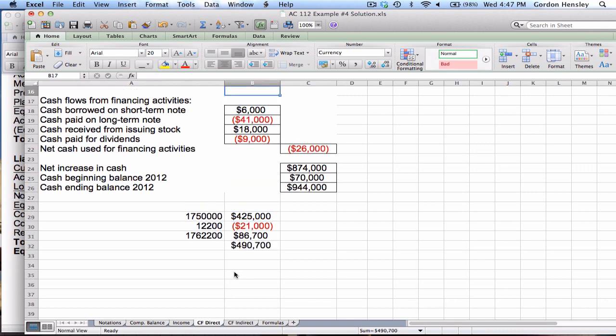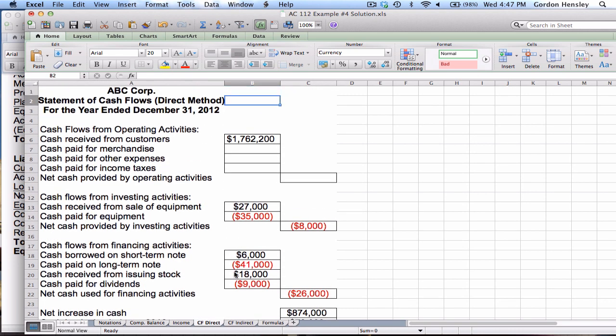So I'll go back up here, and for cash paid for merchandise, $490,700. Now, I'm going to put this on here though as negative $490,700. Why am I putting that as negative? Well, to understand that, I got to explain that because that's one of the most commonly made mistakes when you do a statement of cash flows.